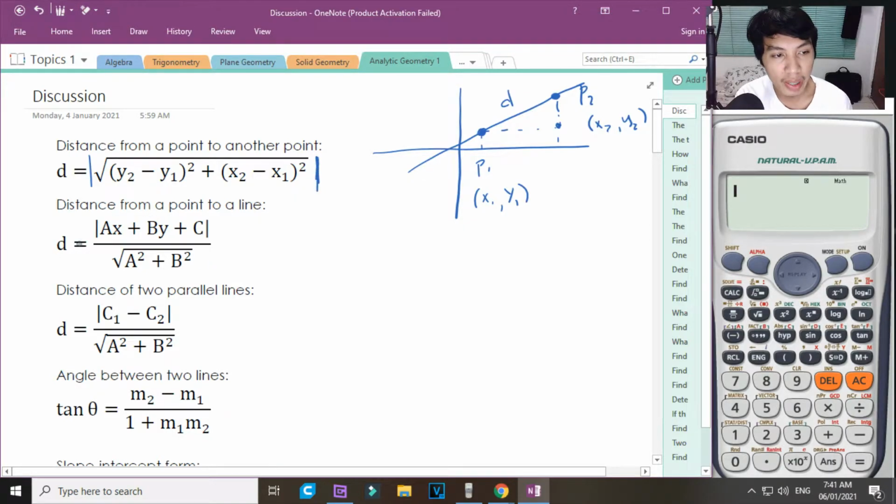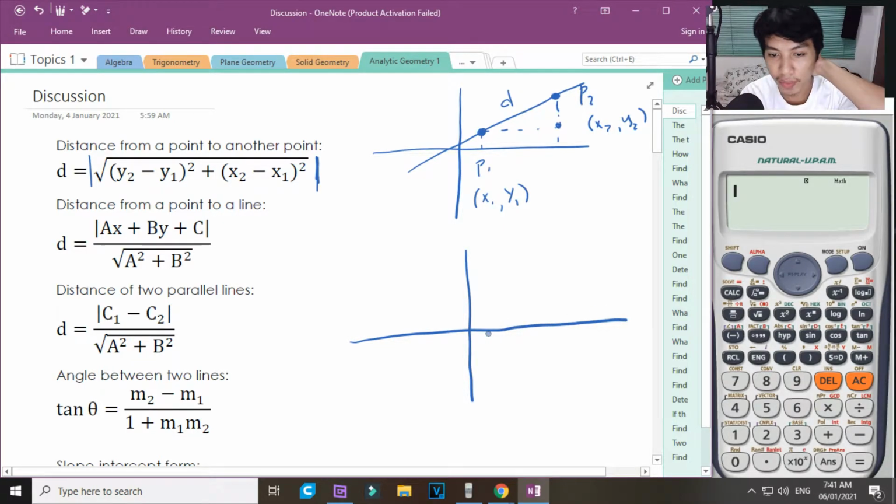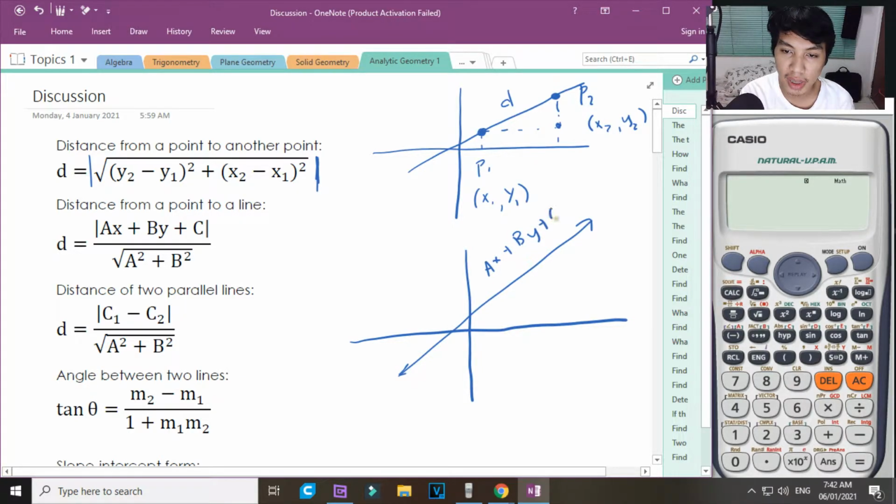Okay? Now, another one, the distance from a point to a line. Ngayon naman, meron ka dito, nag-drawing ka. You are given this line, which has AX plus BY plus C equal to 0.